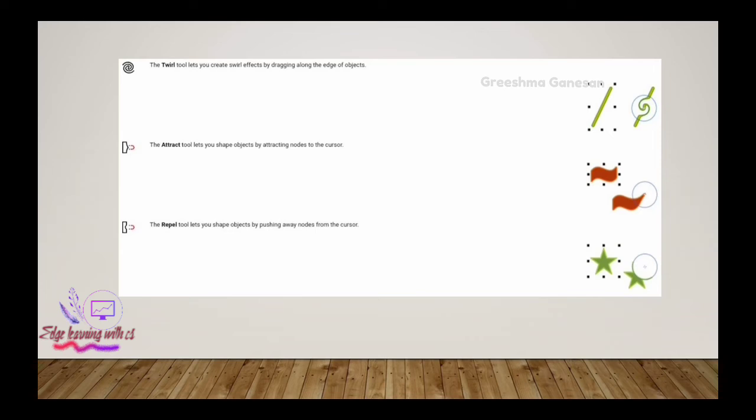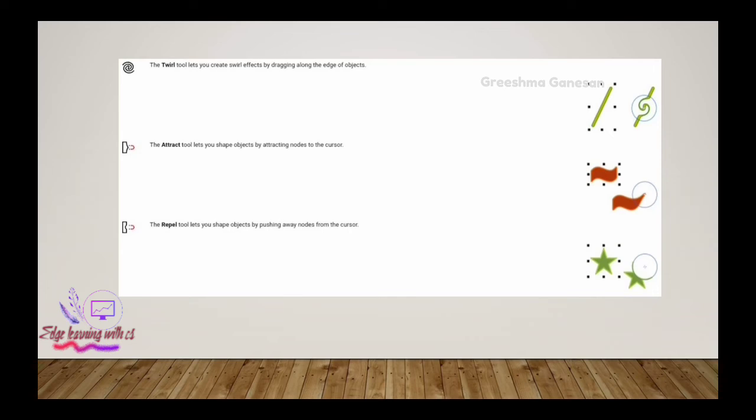Then the next option is twirl. The twirl tool lets you create swirly effects by dragging along the edge of an object. You can see in this diagram a straight design. If we apply the twirl tool, it will twist it somehow. The second design is the application of the twirl tool.